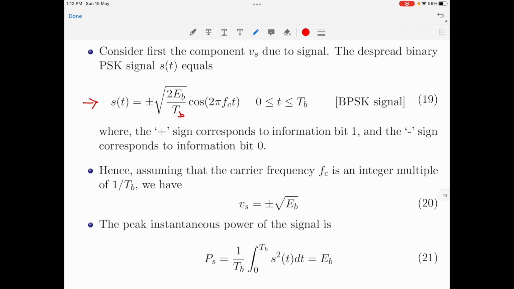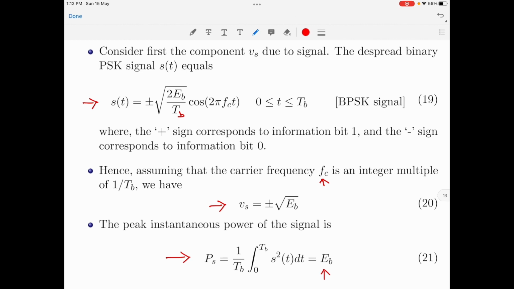By assuming that the carrier frequency fc is an integer multiple of 1 divided by Tb, we will have Vs, which is a signal component, as plus or minus root Eb. Further, the peak instantaneous power of this signal can be given as Ps equal to 1 divided by Tb integral 0 to Tb S square of t dt, which is nothing but the energy of the signal denoted by Eb.